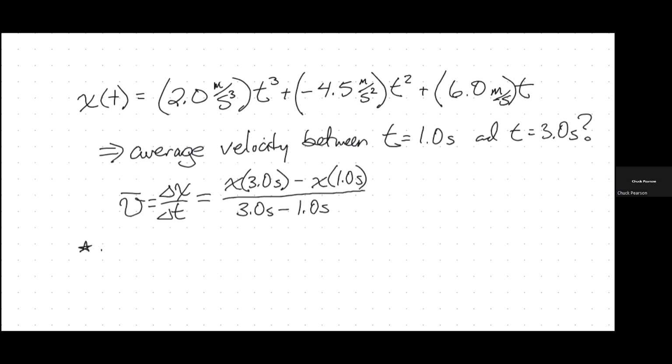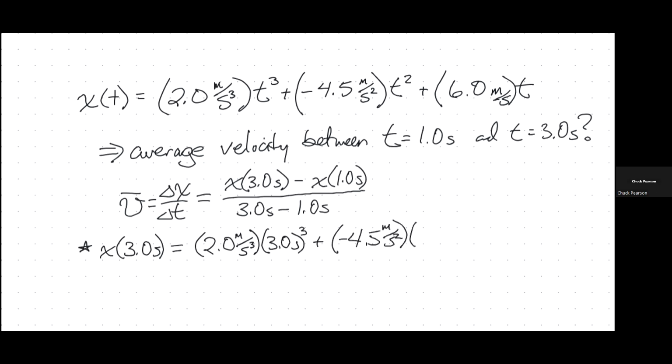What's x at 3.0 seconds? Well, that's going to be 2.0 meters per second cubed times 3.0 seconds quantity cubed, plus negative 4.5 meters per second squared times 3.0 seconds squared, plus 6.0 meters per second times 3.0 seconds.